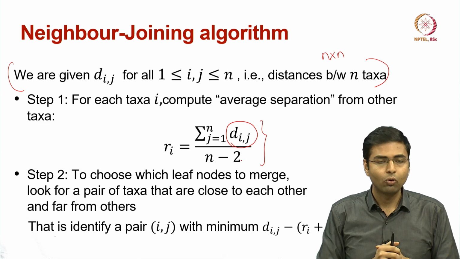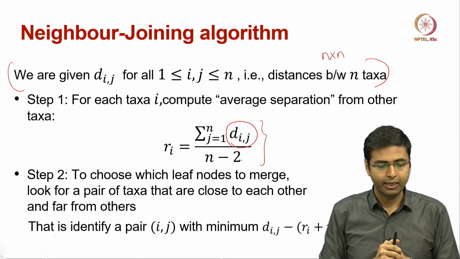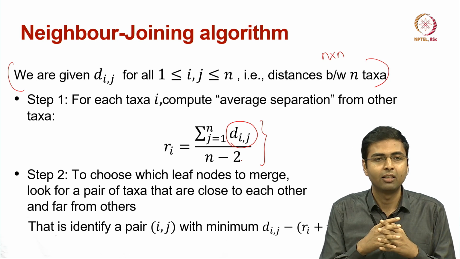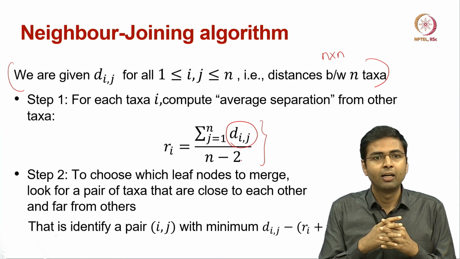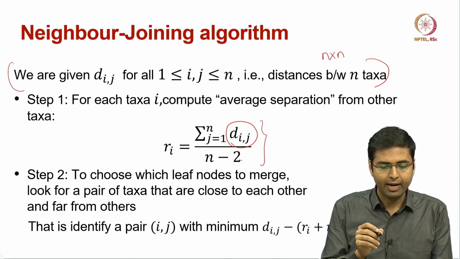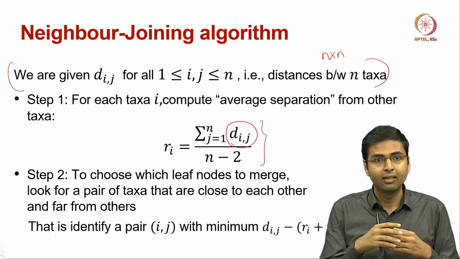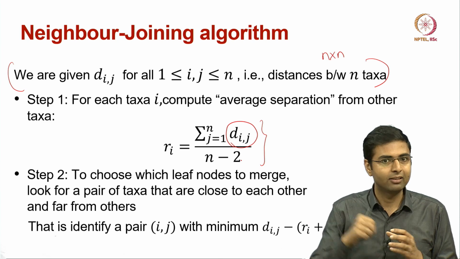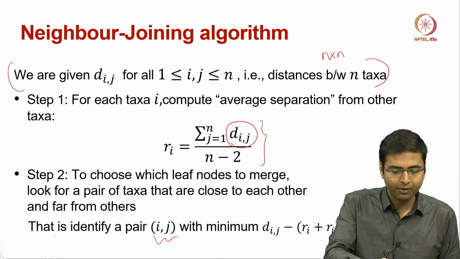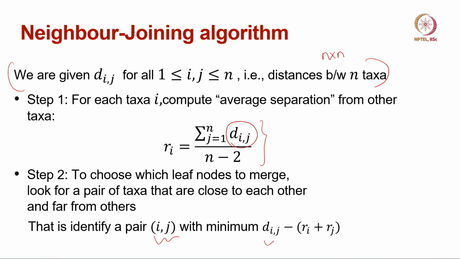Step 2 of this algorithm is to identify which leaf nodes to merge. Here we identify the pair of taxa that are close to each other, but also far from others. That is, we will identify a pair with minimum Dij minus Ri plus Rj.